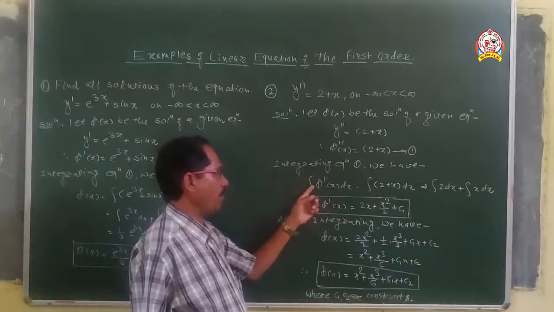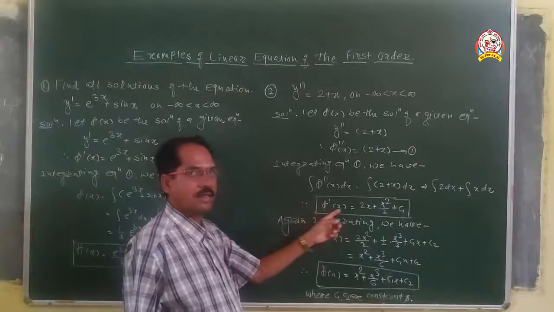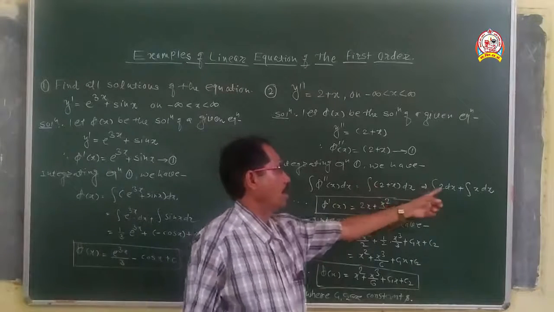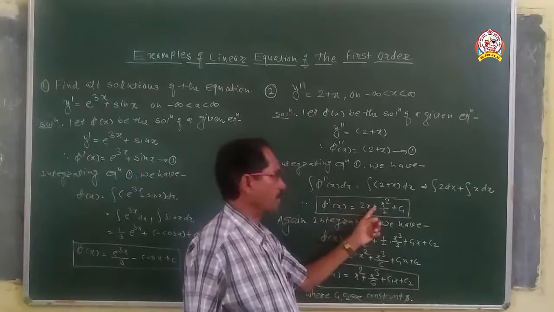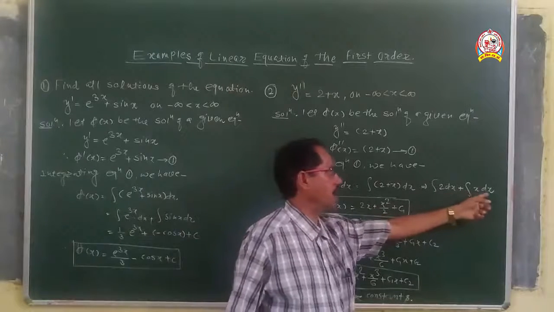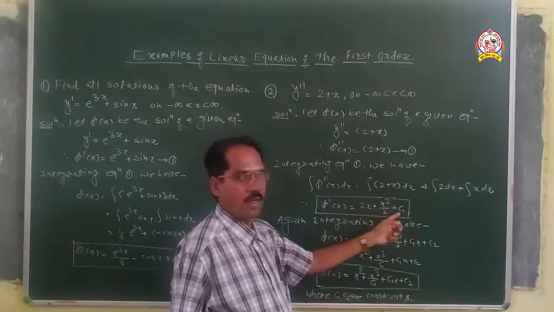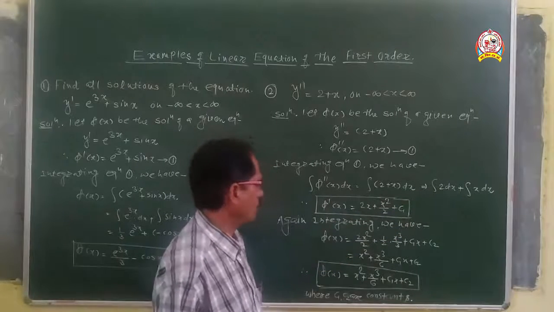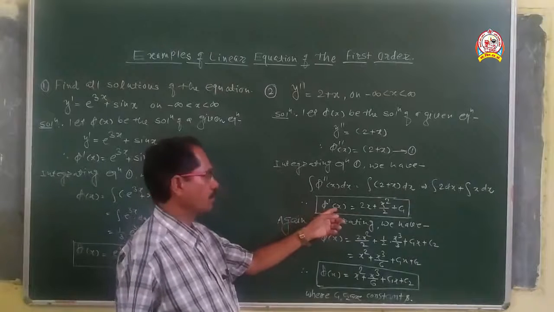Therefore, the integration of phi''(x) dx is phi'(x), which is equal to the integration of 2 dx, which is 2x, plus the integration of x dx, which is x^2/2, plus c1. c1 is the integration constant.